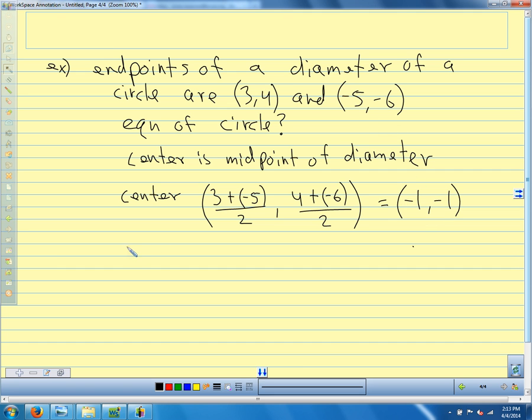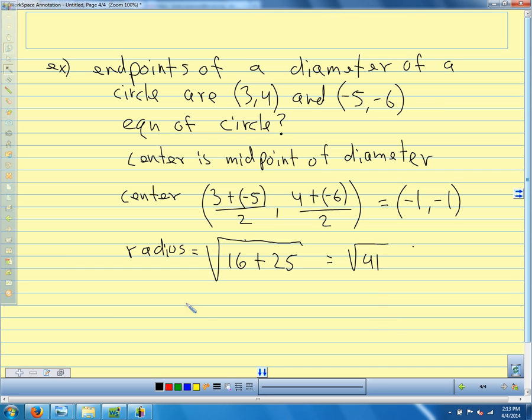So our radius is going to be the square root, and I'll just use this point. 3 minus negative 1 is 4. Squared, we get 16. And 4 minus negative 1 is 5. Square that, and we get 25. So we get the square root of 41.